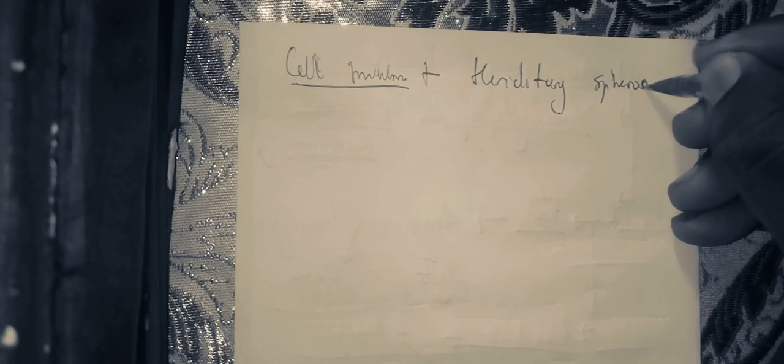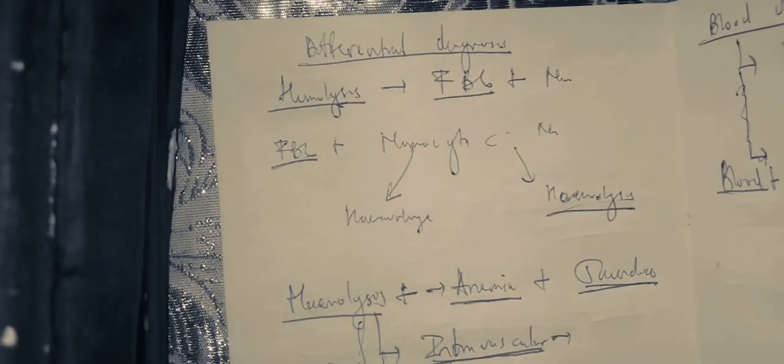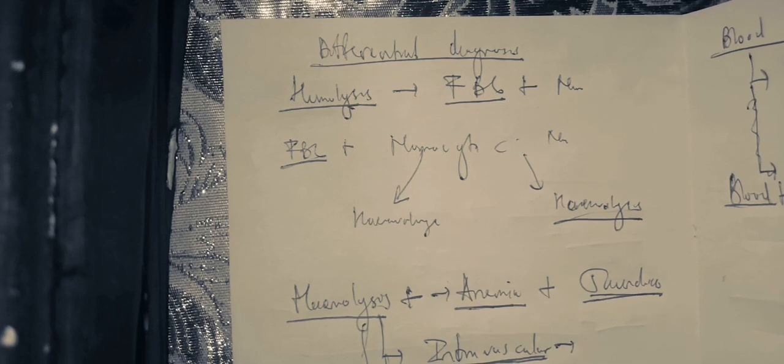Is it clear? Hereditary spherocytosis can result in cell membrane abnormality. It's another cause of hemolysis. And we have other abnormalities of the shape that you have to note.